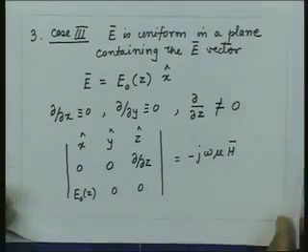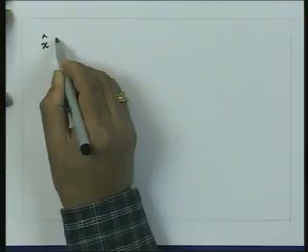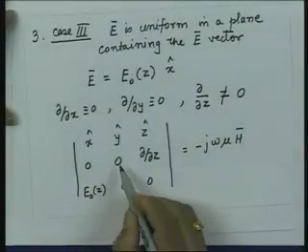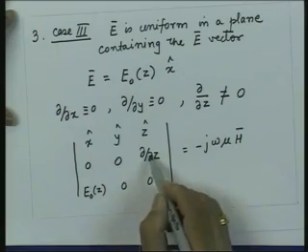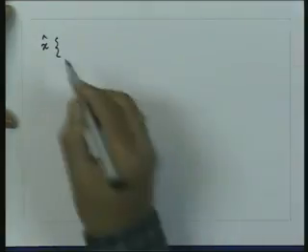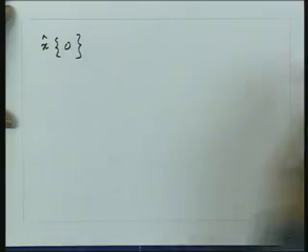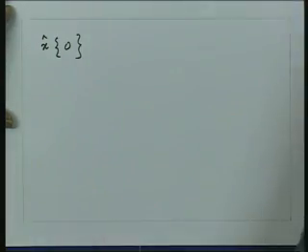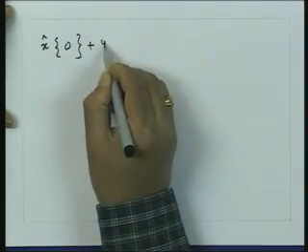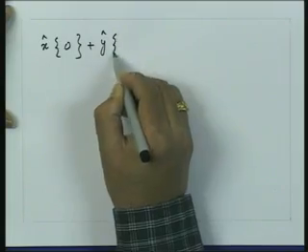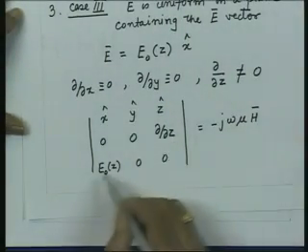So, what we see from here, if we expand, I will get the x component from here, that is this minus this, which is 0. So, this quantity is 0. The y component will be plus d by dz of E0z.